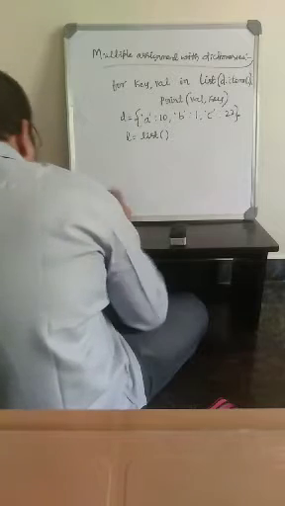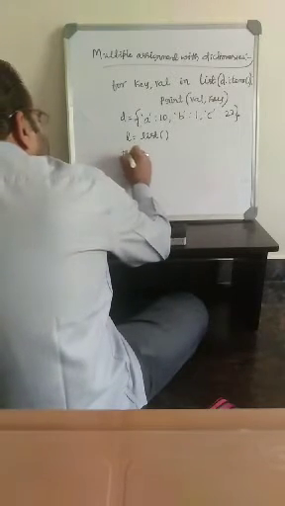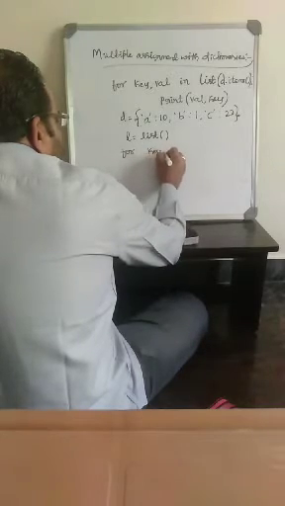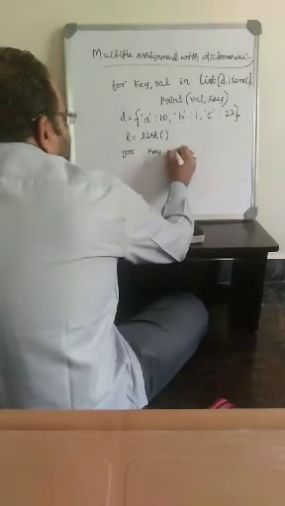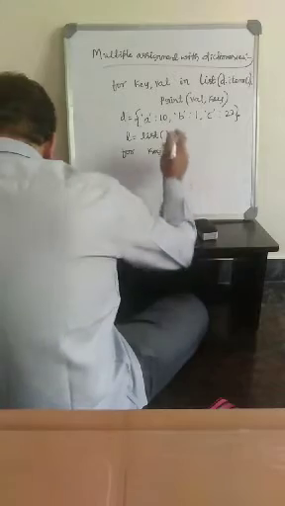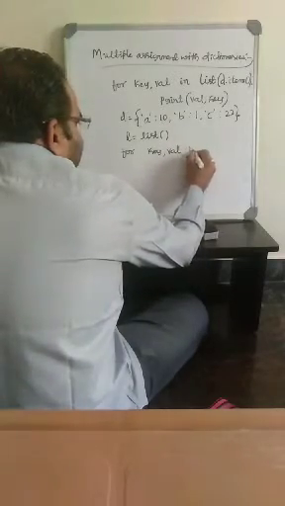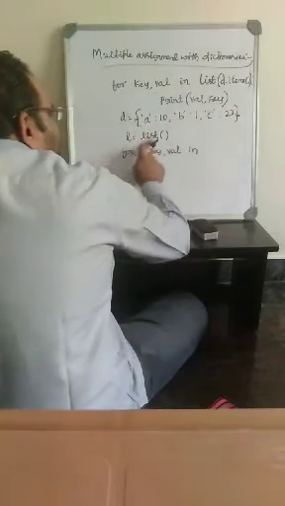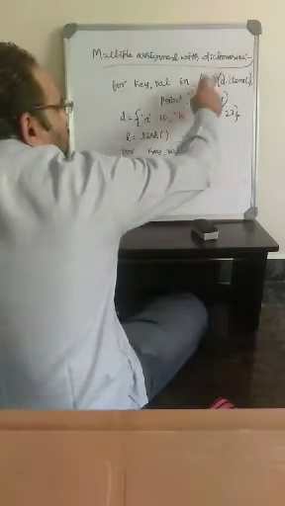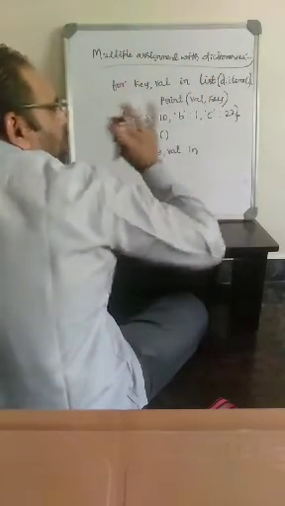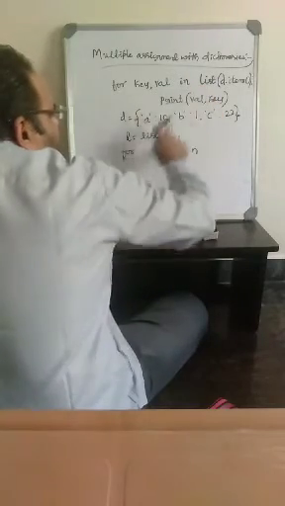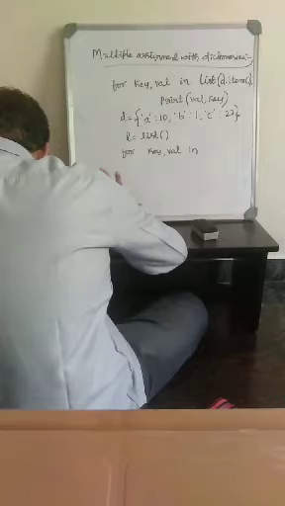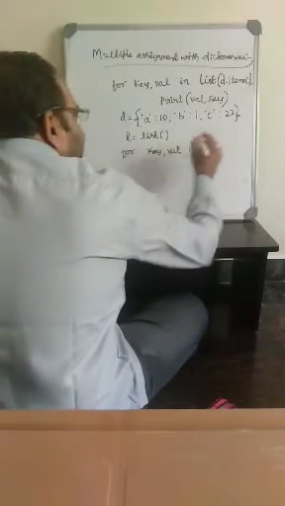Now I have to use for key comma value in, and since I have already assigned the list, it is not mandatory to use list again here.